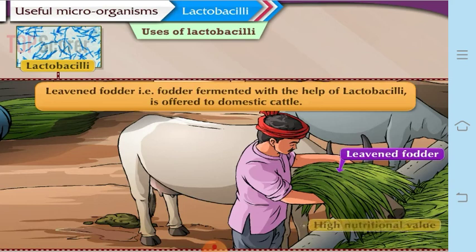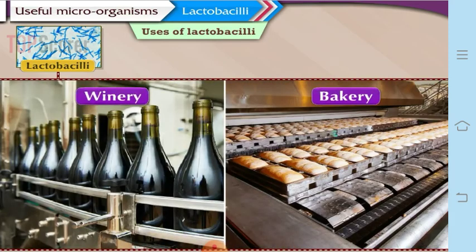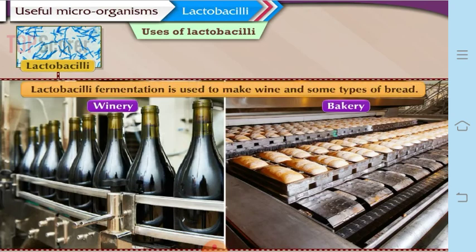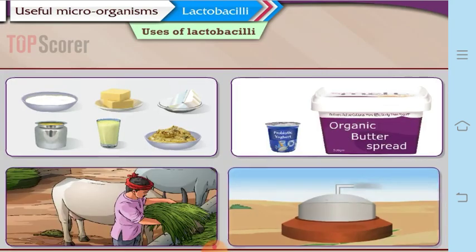This improves the immunity and the nutritional value, and is good in taste also. It is also used in brewery, winery and bakery industry to prepare bread and wines. So these are some of the uses of lactobacilli.